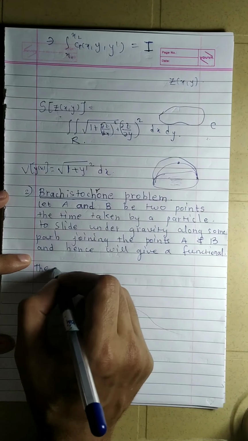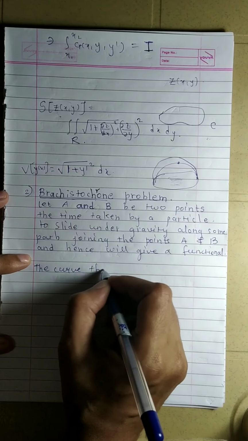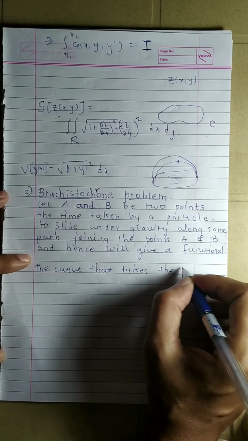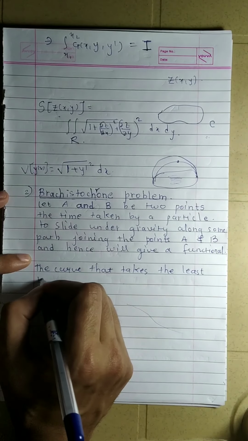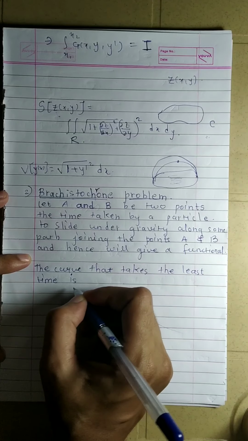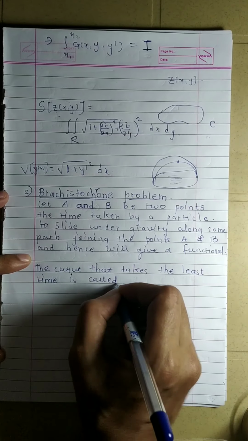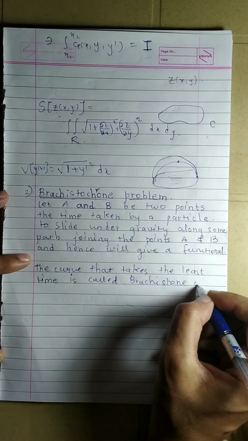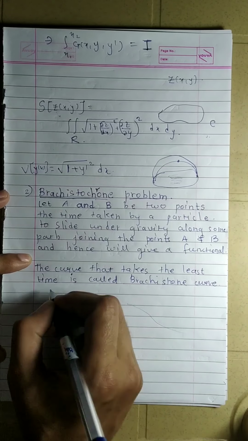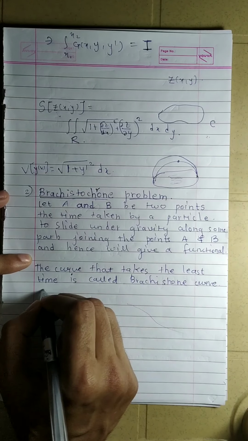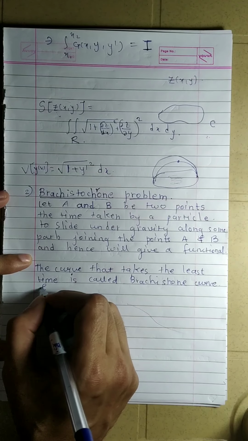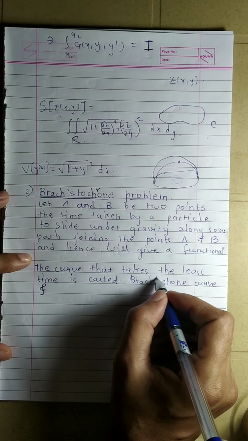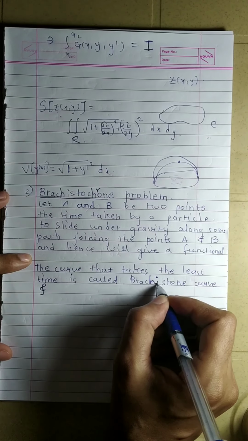Then the curve that takes the least time is called the Brachistochrone curve.